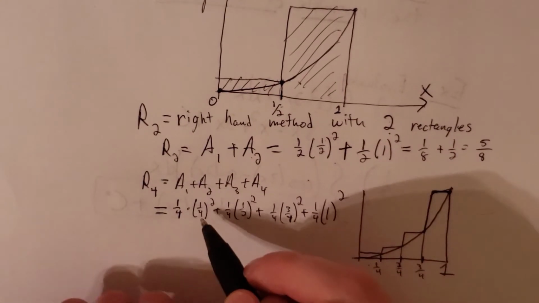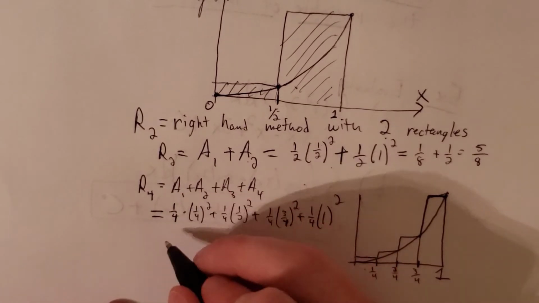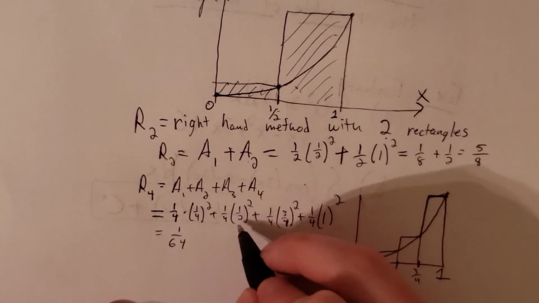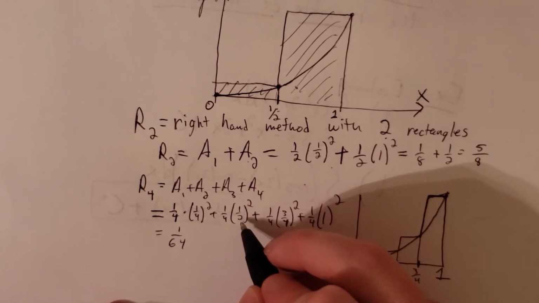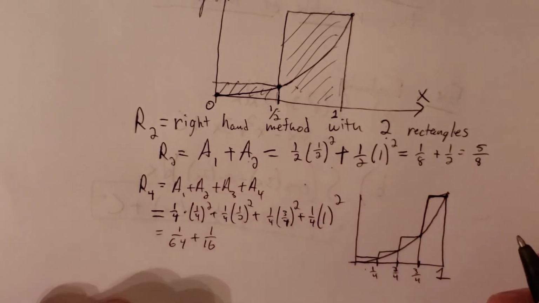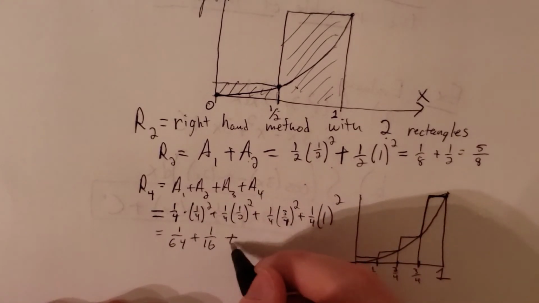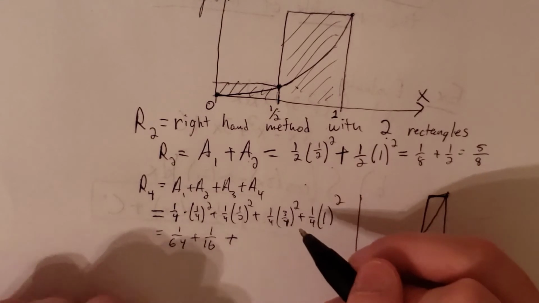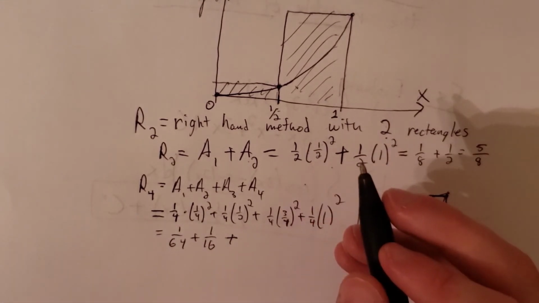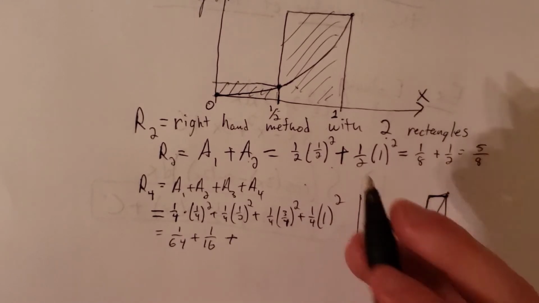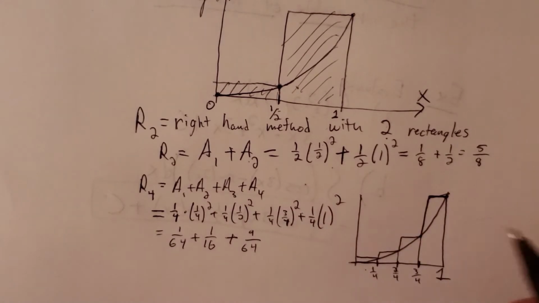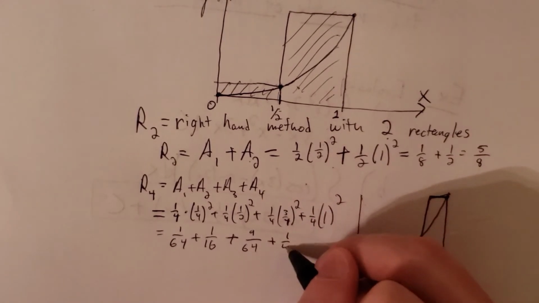All right, so this is 1/4 squared, which is 1/16 times 1/4 is 1/64. 1/2 squared is 1/4 times 1/4, so this is plus 1/16. Plus, 3/4 squared is 9/16 times 1/4 is 9/64. Plus 1/4.